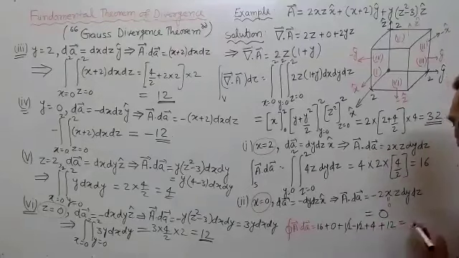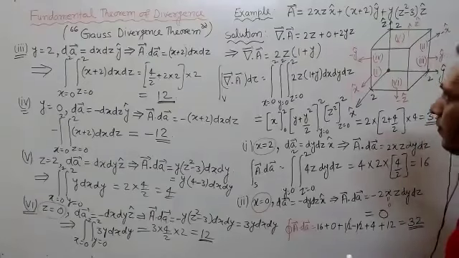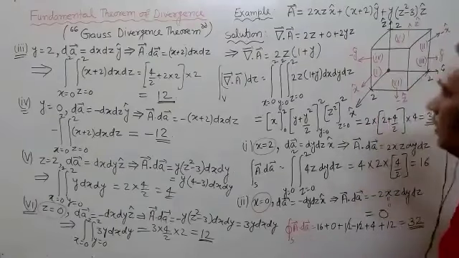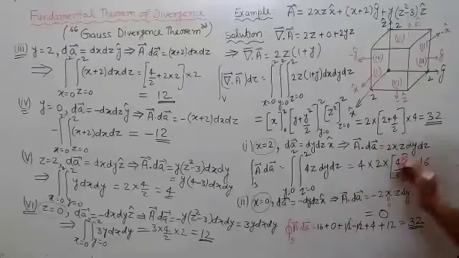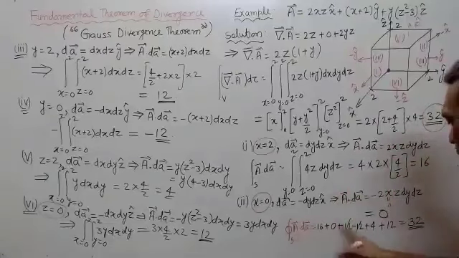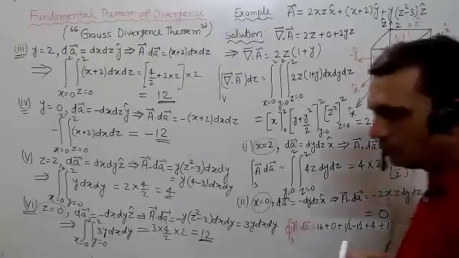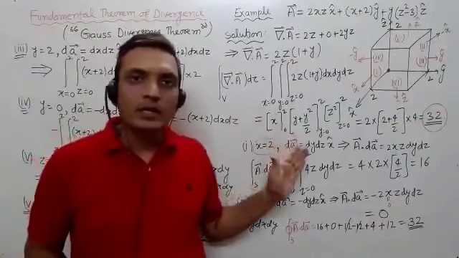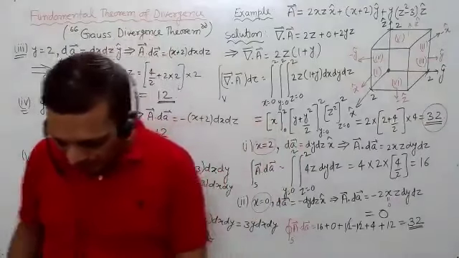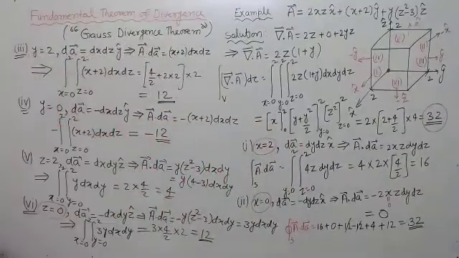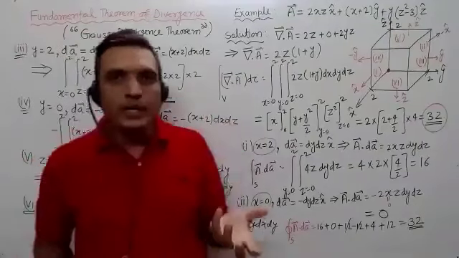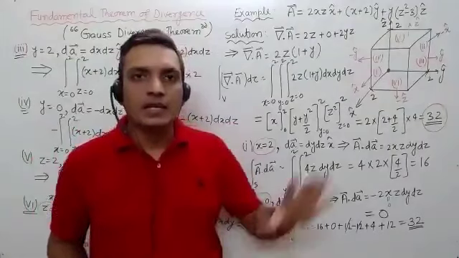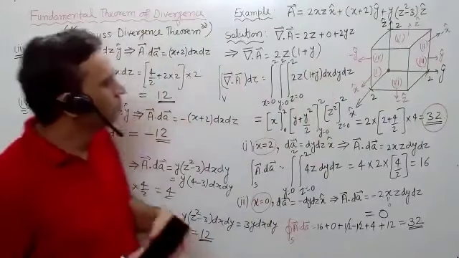This will cancel out, 20. This is 32. So you can see divergence A d tau is 32, and closed A dot dA is also 32. So that verifies the divergence theorem in the Cartesian coordinate system. Is it clear? Yes, sir. So you know how to calculate the volume integral as well as the surface integral in the Cartesian coordinate system.